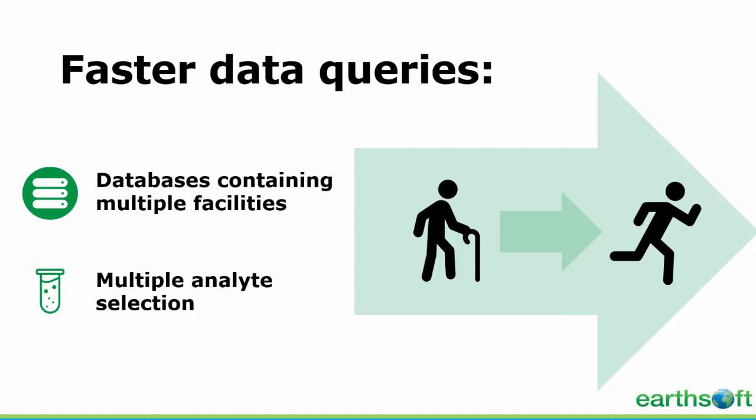There was some code that didn't properly take account of the fact that most databases are going to have multiple facilities in them, and that you want to make sure your code is written such that you're not inadvertently querying all these other facilities when you really want the facility that you have selected, your facility of interest.